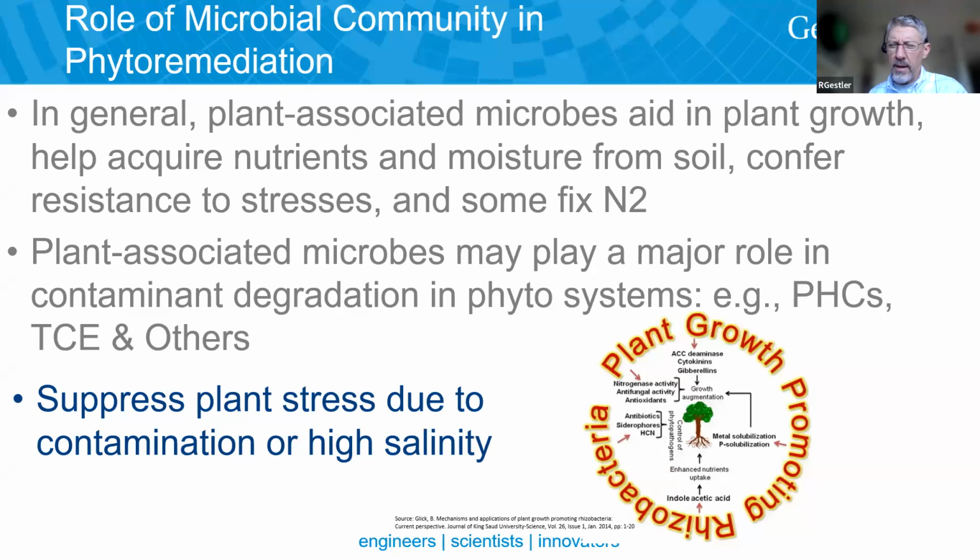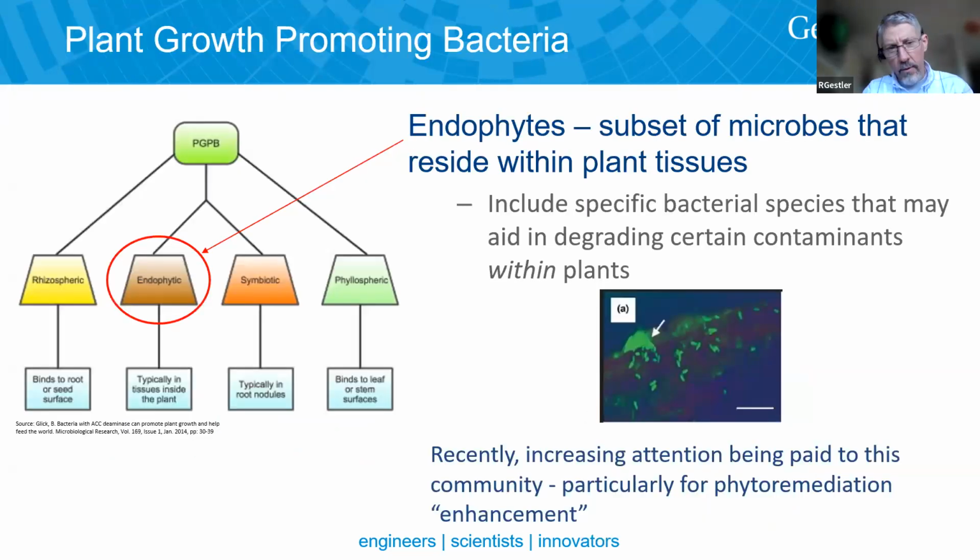This has especially been an area of focus in the last about 10 years of plant microbiology. How can we harness that relationship to get more effective phytoremediation outcomes? And so finally, one last thing to mention here is a group of bacteria within that community we call the plant growth promoting bacteria.